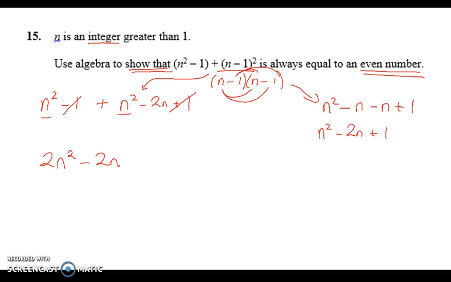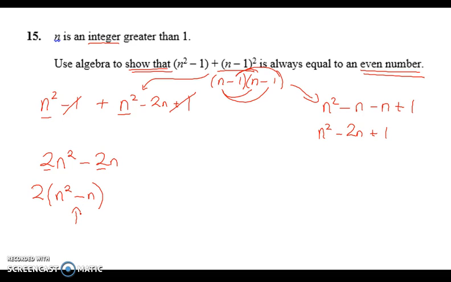Well, I know that even numbers are always in the 2 times table. So if I pull out a factor of 2, then we have n squared minus n inside the bracket, because we pulled out factors of 2 here and here. Then this tells me that whatever n is, we can square n and take n away from it.